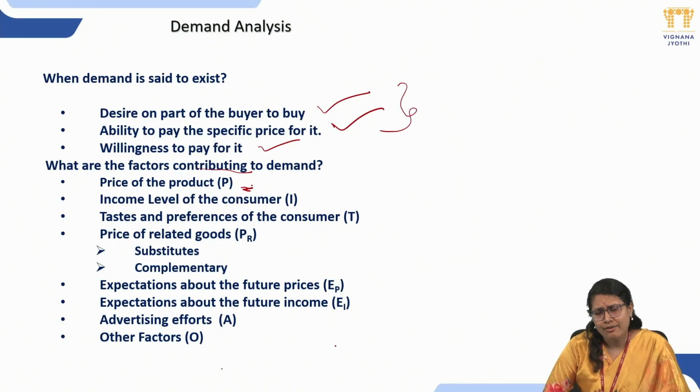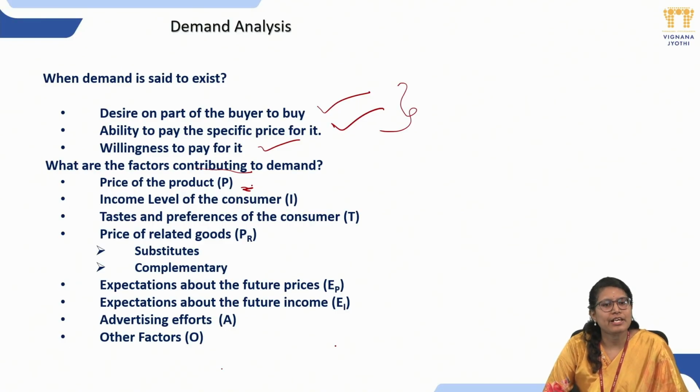I have chosen certain mobile brands and now I am checking the prices. Once I select a mobile, on what basis am I going to select it? The price given should suit my income level. The income of the consumer is very much important.